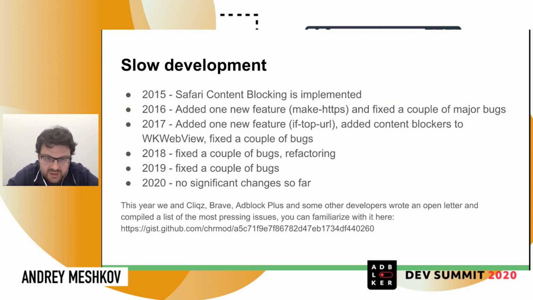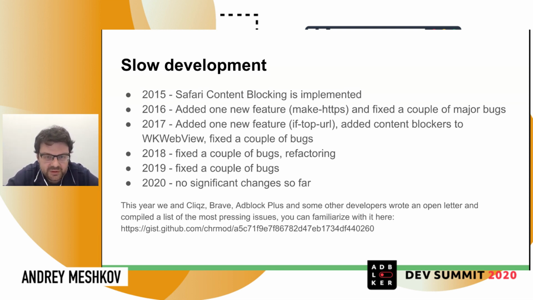Then 2017, another new feature, which is pretty unusable if you ask me, and added content blockers to WKWebView. And I guess browser developers are happy with that. Brave, for instance, or Firefox Focus, they both use it. And they fixed a couple of bugs.